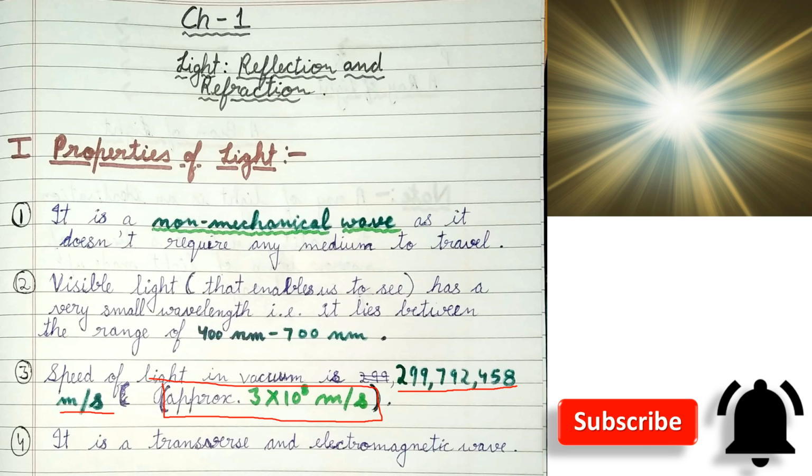Light has a very long range of wavelength, but visible light has a very small range. It is from 400 nanometer to 700 nanometer, or we can say in angstrom, 4,000 angstrom to 7,000 angstrom.